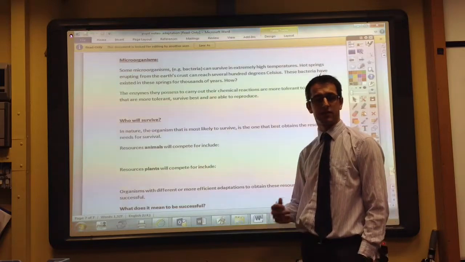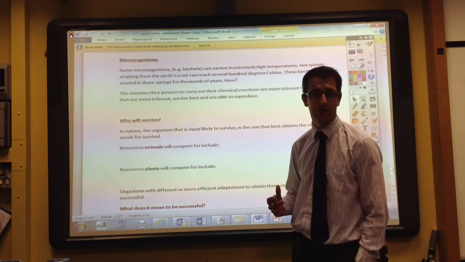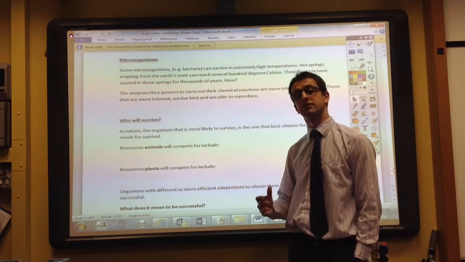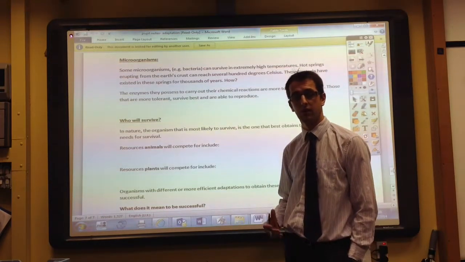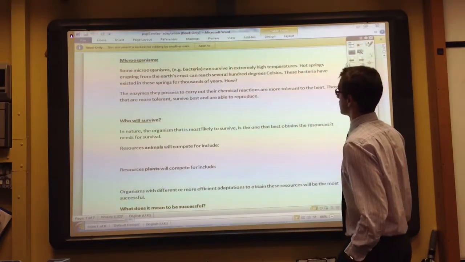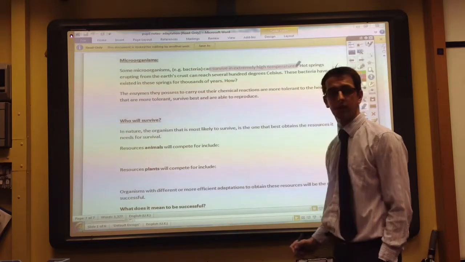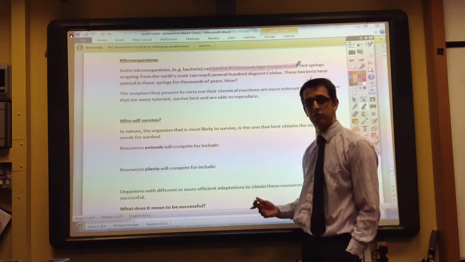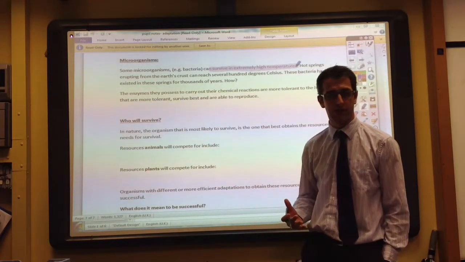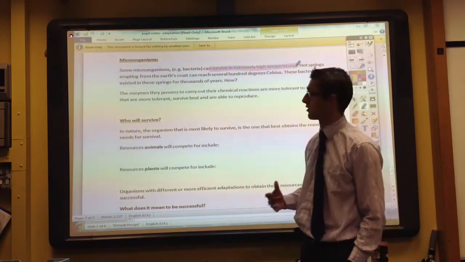We've typically said that biological enzymes that carry out chemical reactions function best at 37 to 40 degrees C. What we find is that some microorganisms are able to tolerate exceptionally high temperatures. So they might be able to live in thermal vents deep in oceanic plates, or they live in volcanic springs and other hot springs.